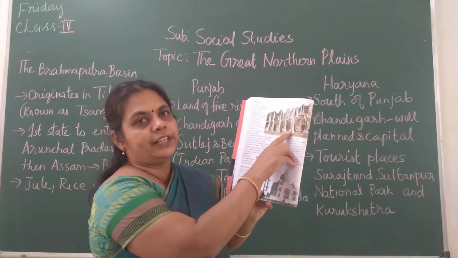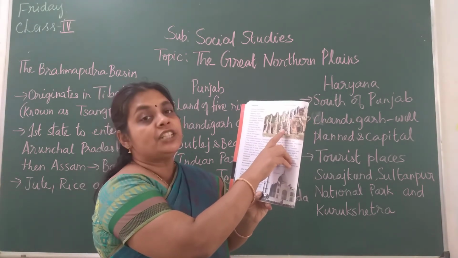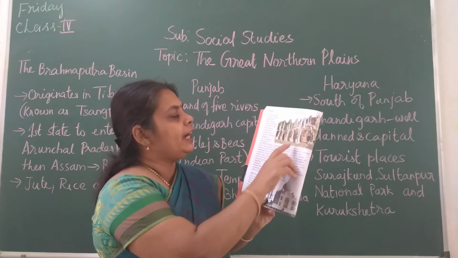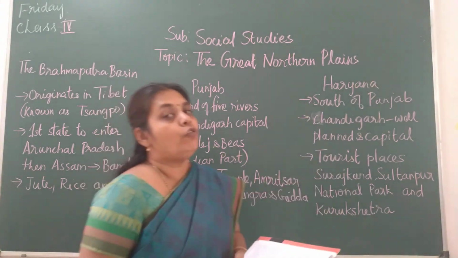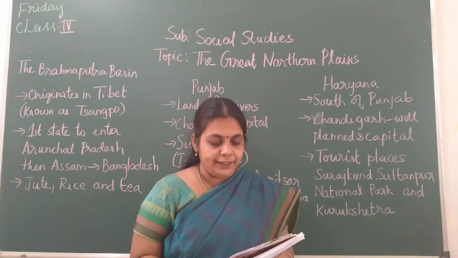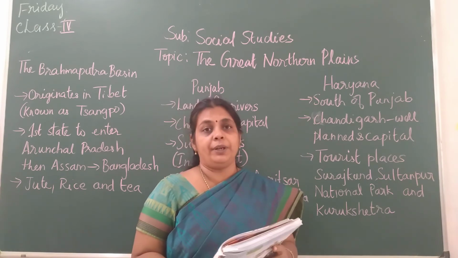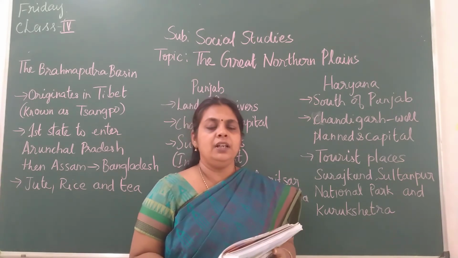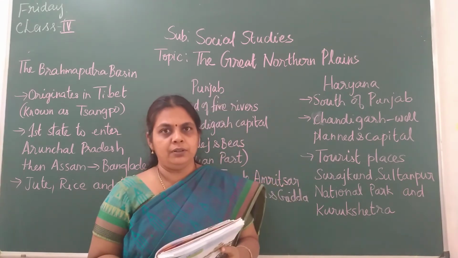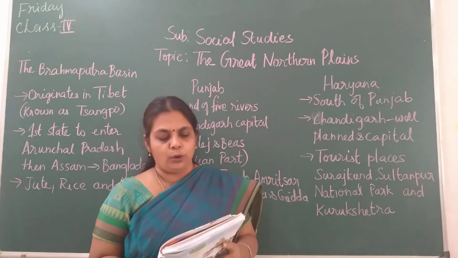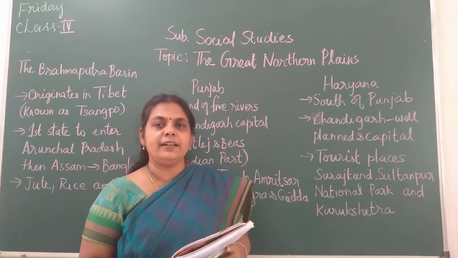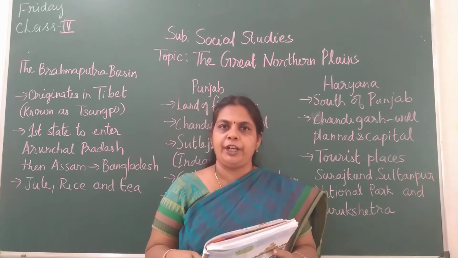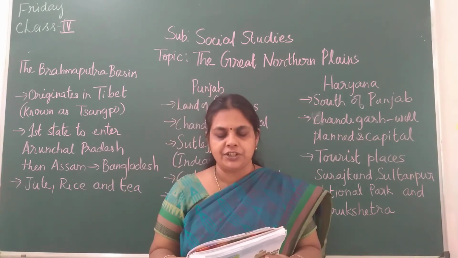In this textbook they have given the rock garden in Chandigarh. Their main occupations are farming, cattle rearing and dairy farming. Dairy farming means rearing cows and buffaloes, and we get milk from them. Cattle rearing means goats and sheep also, children.